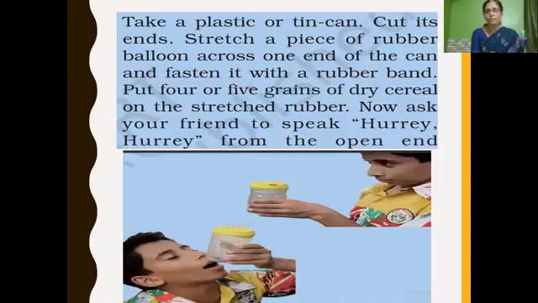See the top of the figure, the boy is holding the bottle with the stretched rubber balloon fixed at its end and 4-5 grains placed on it. Then you have to produce sound near the other end of the bottle. When you speak or make any noise, you can see the grains jumping.